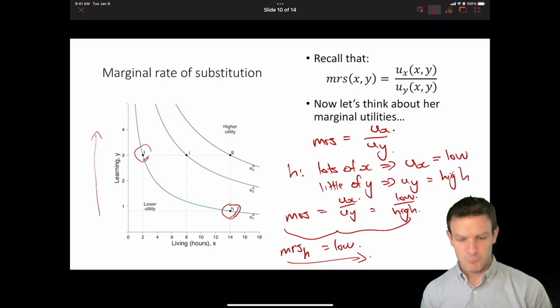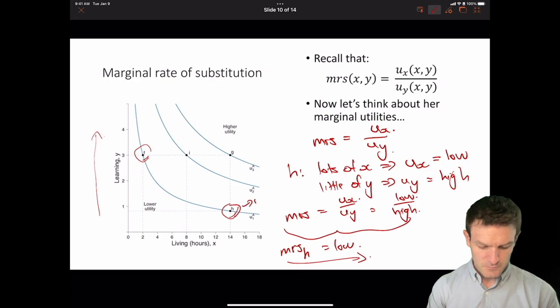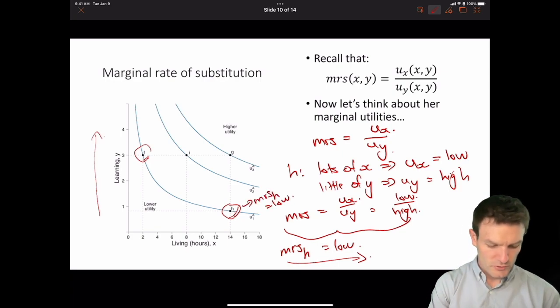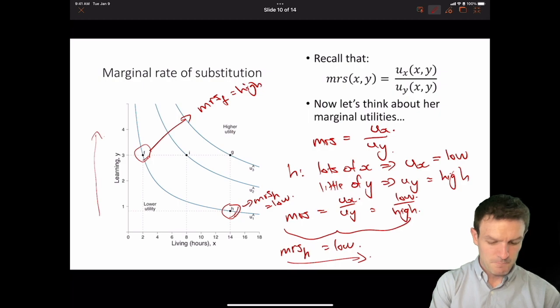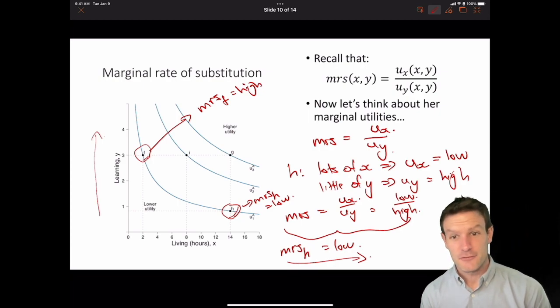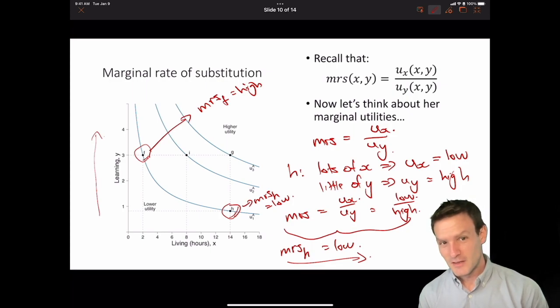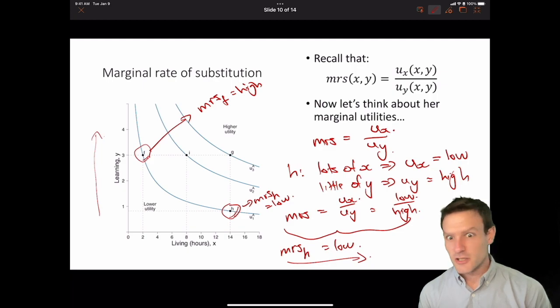So what does that mean? We saw the MRS at point H is low. We saw the MRS at point F is high. Okay, so at point F, she's willing to pay lots of learning in order to get a little bit more living. At point H, it's the opposite.